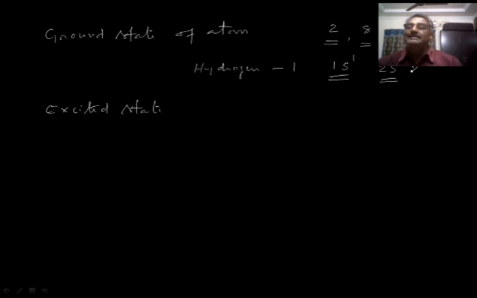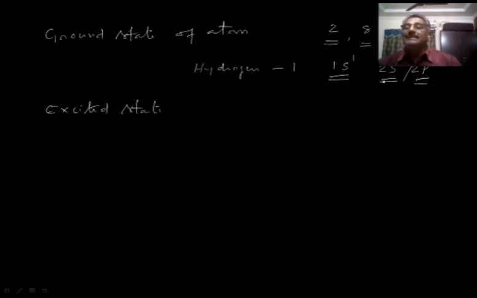It may get excited to the 2p state also. So this is also called the excited state. Then it will be 2p1. So it is either 2s1 or 2p1 in the first excited state of the hydrogen atom.